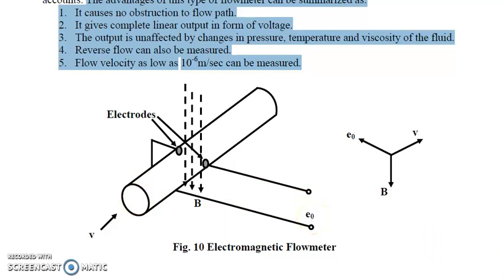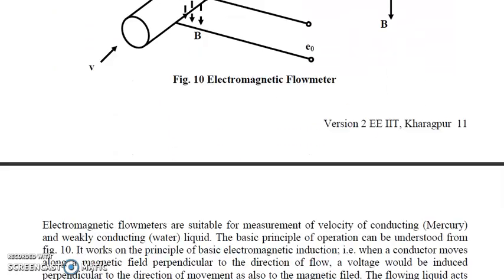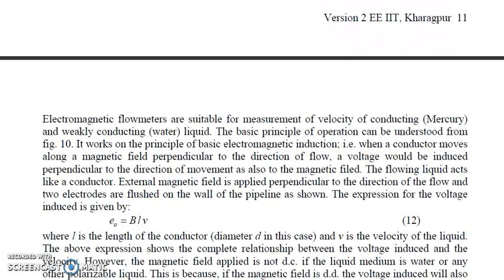So this is the concept. And now the formula. This is the formula that induced voltage E0 is equal to BLV in ideal conditions when the other factors are kept constant.